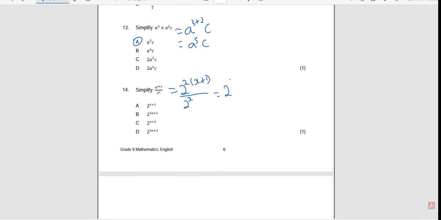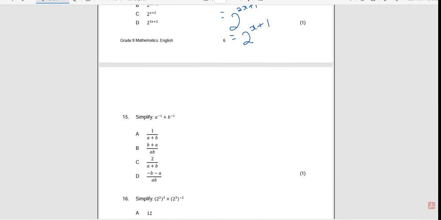The answer is going to be 2 to the x plus 1 divided by 2 to the x. My base is 2. It's going to be 2 to the x plus 1. When I take this to the numerator, it's going to be minus x. And then the answer is going to be 2 to the 2x minus x, which is x plus 1. And the correct answer is A.